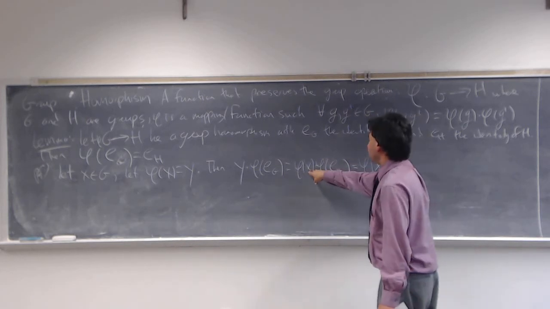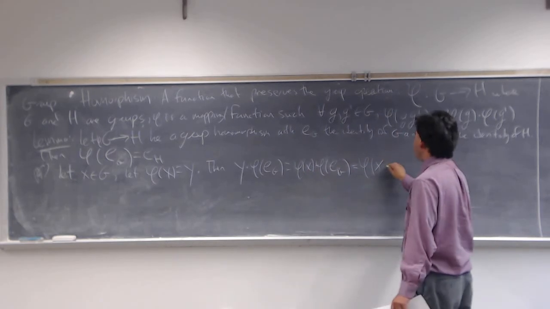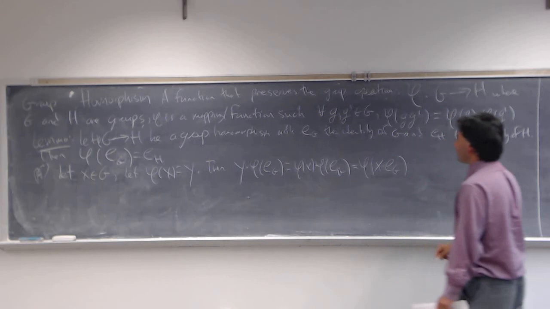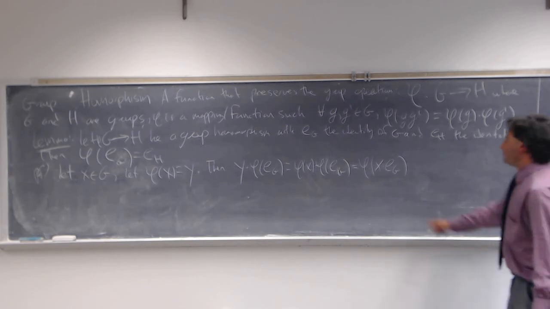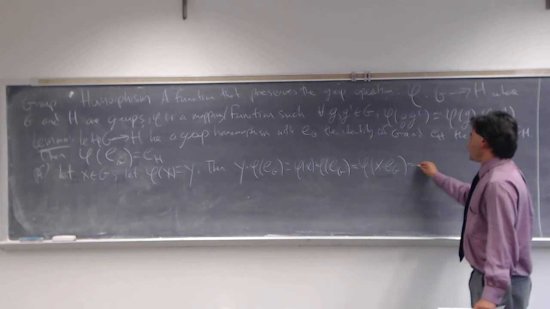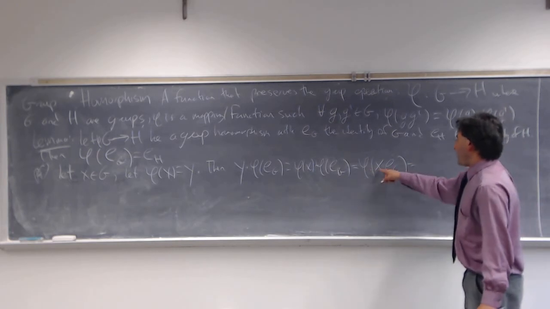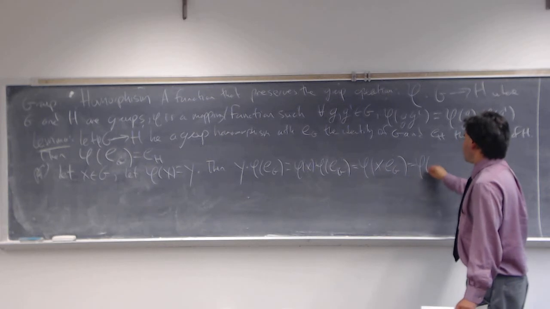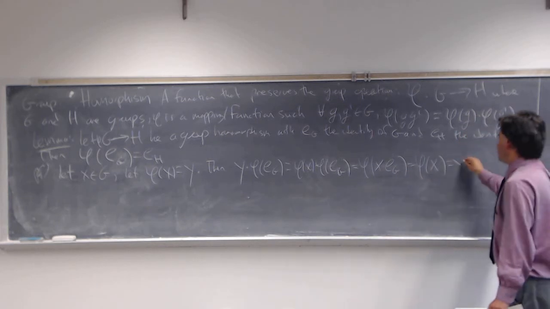So rather than plug into the function and then multiply, that's equivalent to first multiplying and then plugging into the function. But what do we know about the identity in G? x times e sub G is just x, so we have phi of x, and that's equal to y.